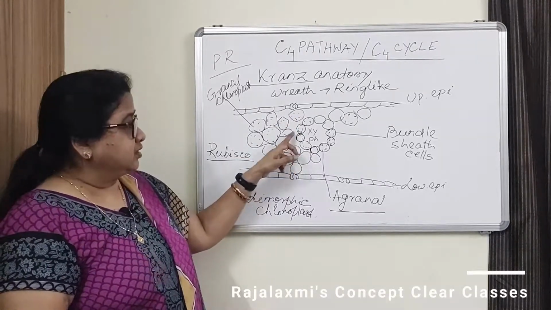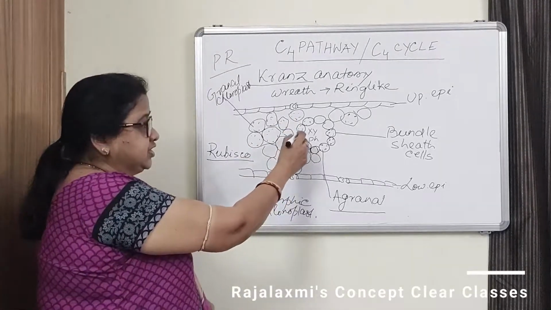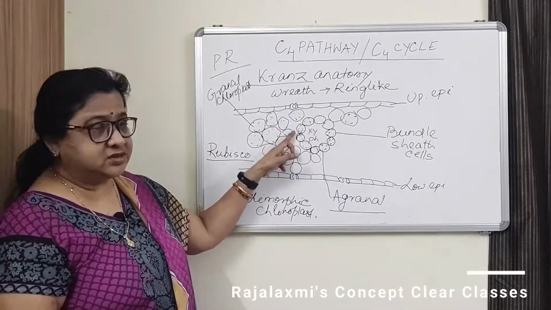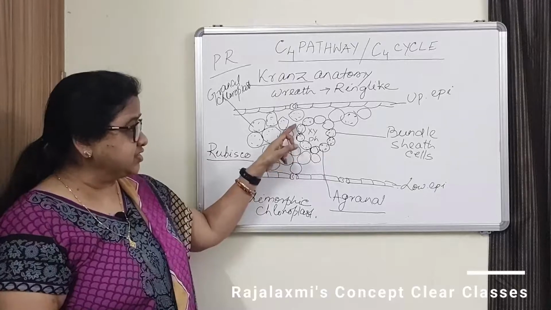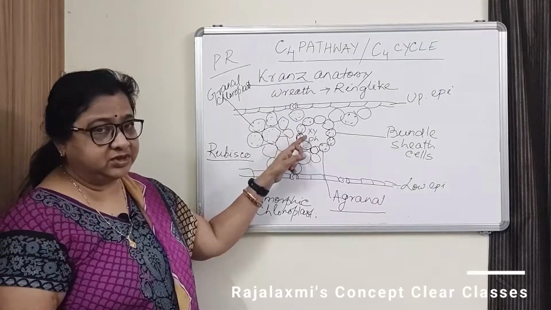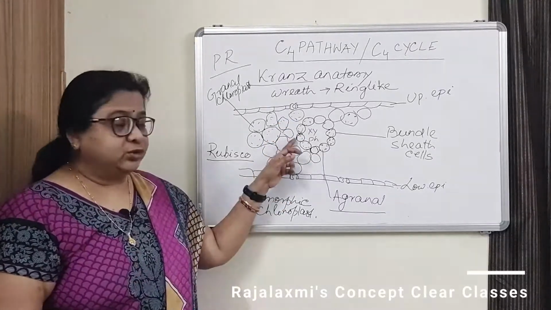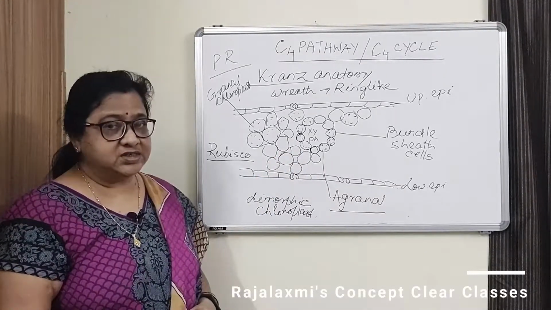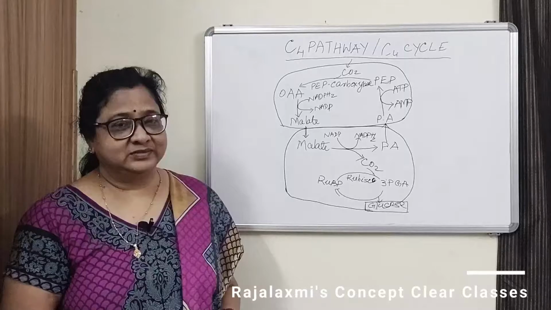Here the concentration of oxygen is less and also the temperature is lower, because the bundle sheath cells are present towards the inner side of the leaf. Due to these conditions, photorespiration does not occur in C4 plants.